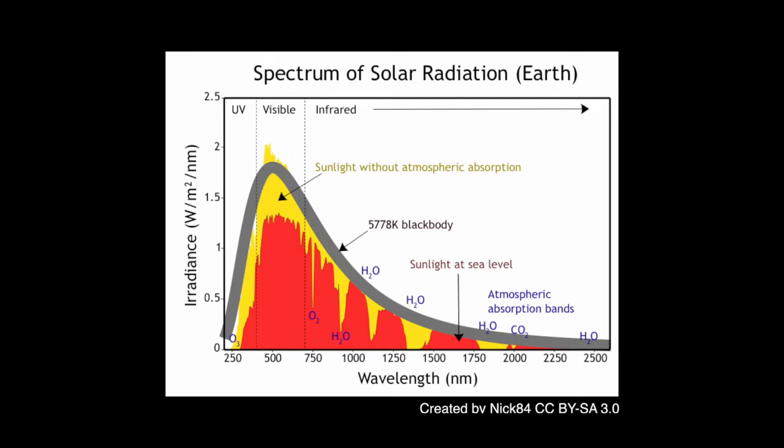The values are different because some of the photons are absorbed by water, carbon dioxide, and other molecules in the atmosphere. From the plot, you can see that the most intense wavelengths are in the visible range, from 300 to 800 nanometers. But there are also photons in the ultraviolet and infrared. It is no accident that living systems on Earth have evolved to utilize the most abundant photons on Earth.